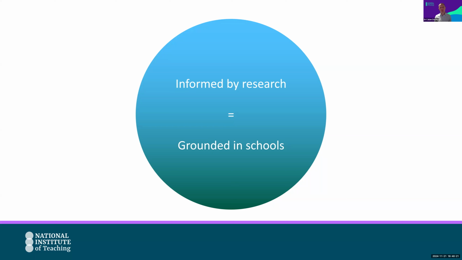We don't want our groundedness in schools to disappear from the wider literature. And the puzzle we're trying to solve at the National Institute is, can we make it such that being informed by research is the same as being grounded in schools? Can we conduct our research in such a way that it brings us closer to practice, closer to schools, rather than further away as it can do? Next slide, please.